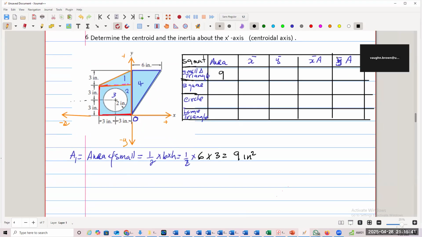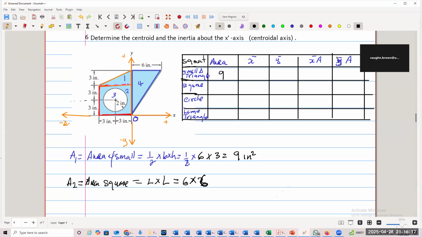Next one. Area 2. What's that supposed to be? The square. So that's the area of the square. I don't have a good writing with this stylus. Pardon me, please. So the area is going to be L times L. So your length is what? 6 times 6. So it's 3 times 3 for both sections. So this is 6.